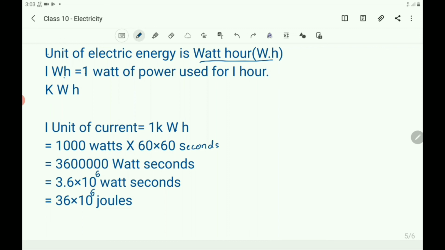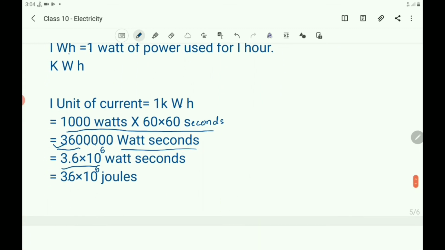You may have heard the word unit. So 1 unit of current equals 1 kilowatt hour, that equals 1000 watts into 60 into 60, you will get 36 lakh watt second, that is 3.6 into 10 to the power of 6 watt second, that equals 3.6 into 10 to the power of 6 joule.